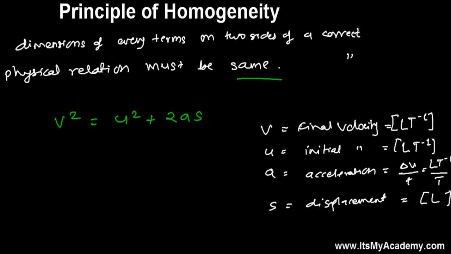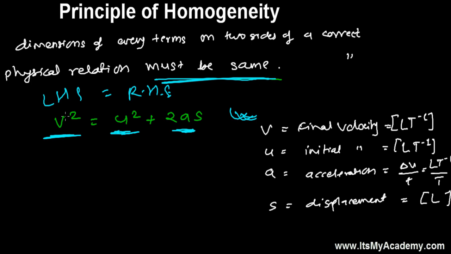Now, according to the principle of homogeneity, the dimensions of every term, this term and this term on the two sides, the left hand side as well as the right hand side, of a correct physical relation must be the same. So the dimensions of v squared, u squared, and 2as must be the same. Let's check it out. Velocity has dimension LT^-1, so the square of LT^-1.